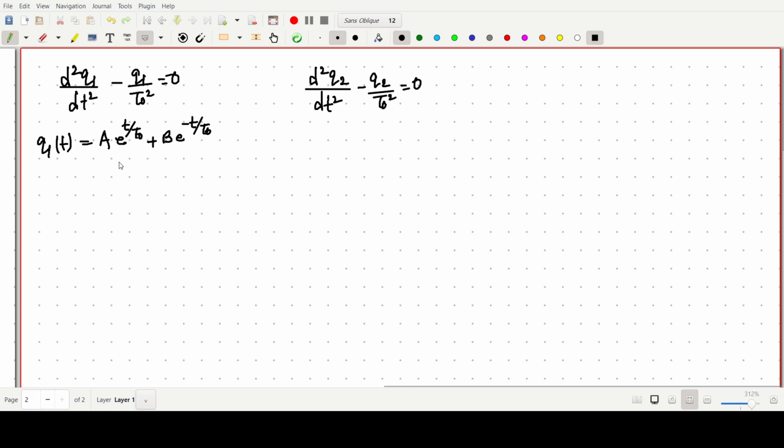Okay, so now we have to find the value of a and b. So here we can assume the initial condition, that q1 at time 0 equals to the gate charge, C times V g1 at 0. The initial condition we have assumed.